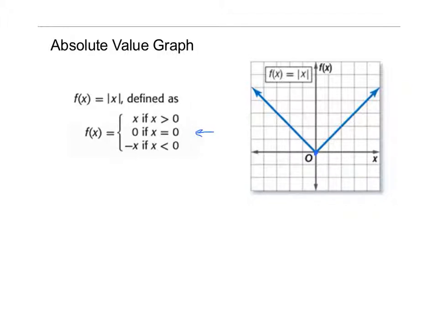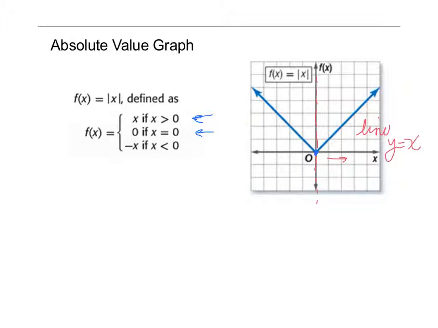Now, to the right of that, this part right here, to the right of 0, and we can see that, right, it kind of changes right here, those training wheels again. This part over here is a line. It's the identity line, y equals x, right?